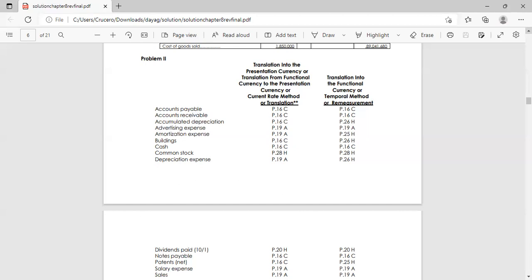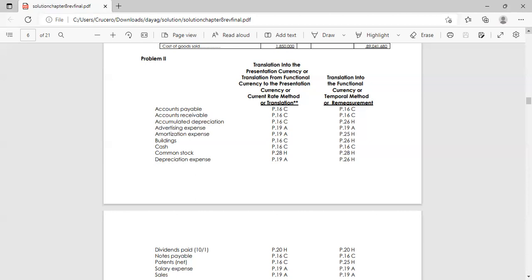So whatever accumulated depreciation is attached to the fixed asset for method 1, we use the current or the closing rate. So it is 0.16. However, under method 2, we use the historical rate.